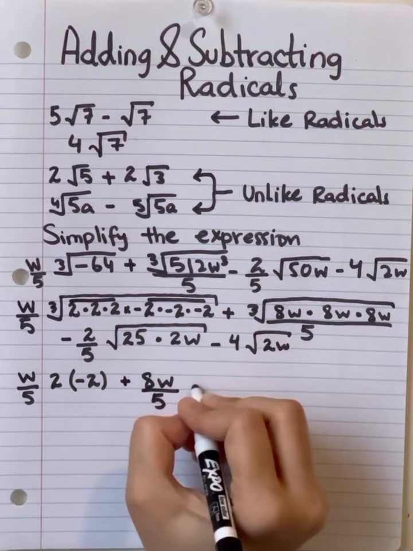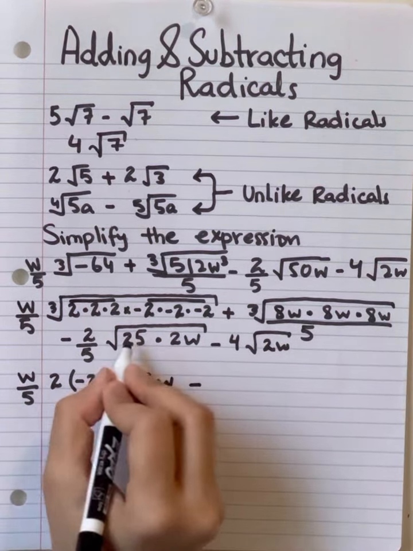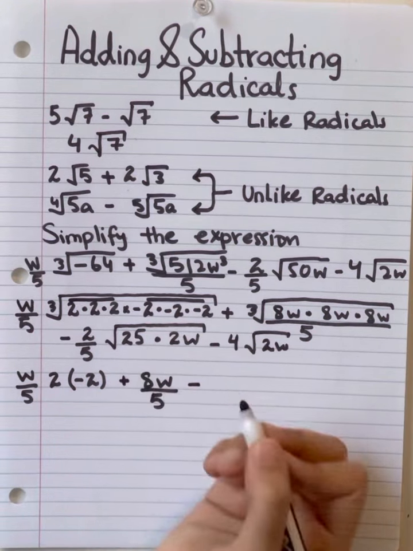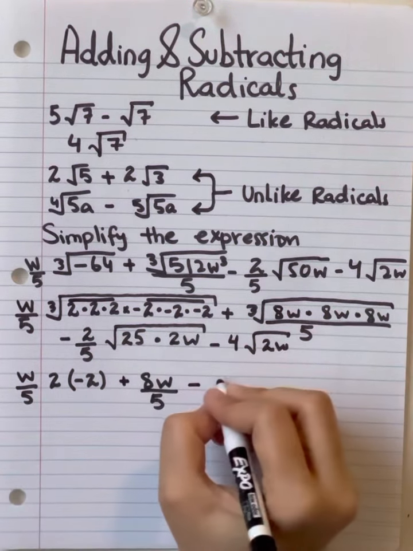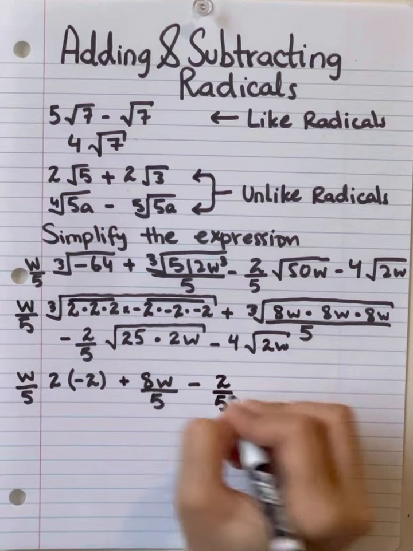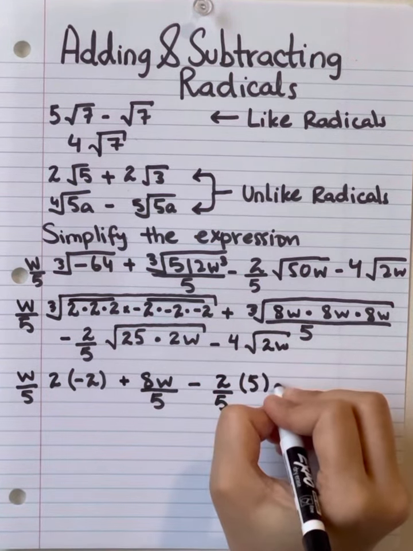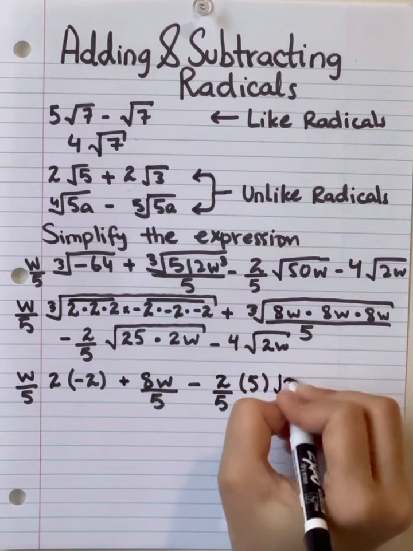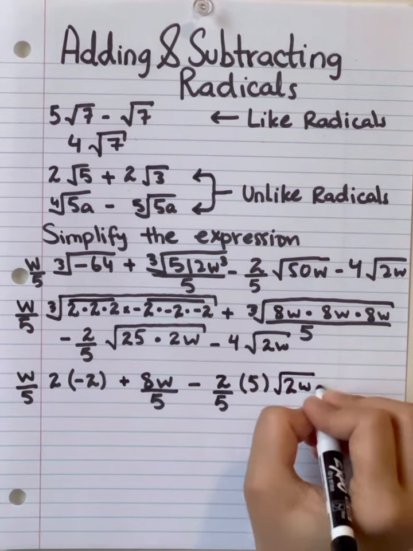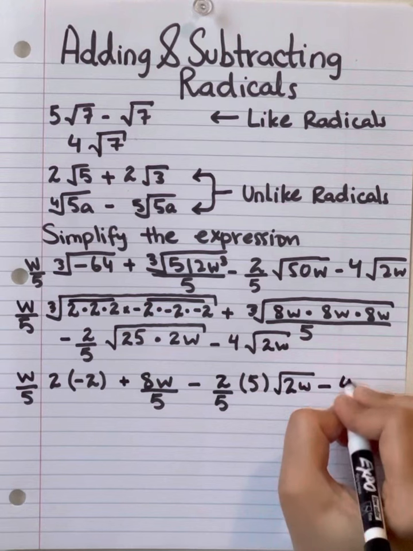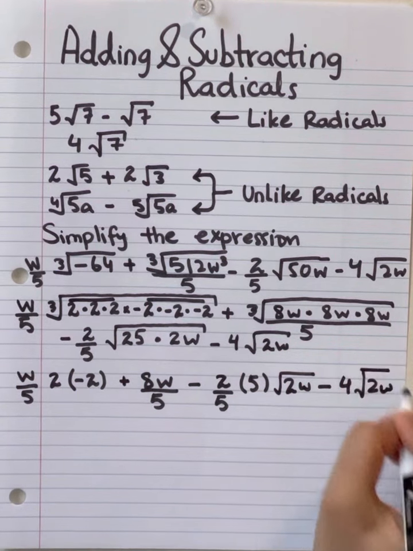Now to our third term: minus, the square root of 25 is 5, since 5 times 5 is 25. So 2 divided by 5 times 5, take that out of the radical, times square root of 2w, minus the fourth term.